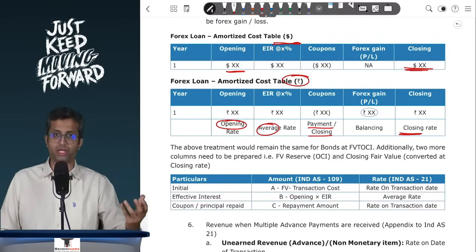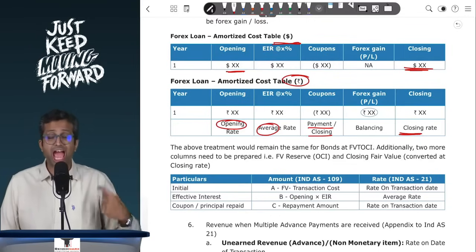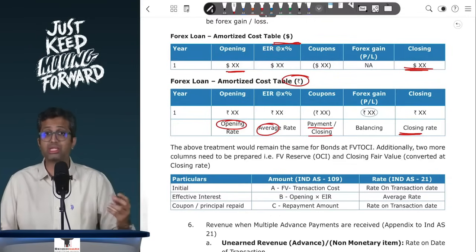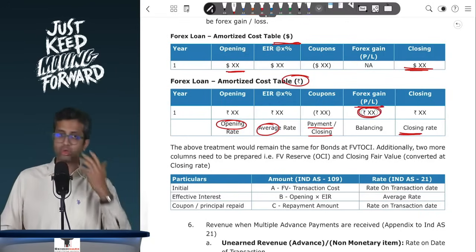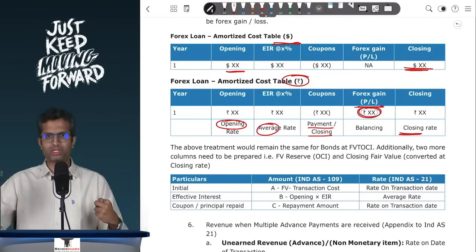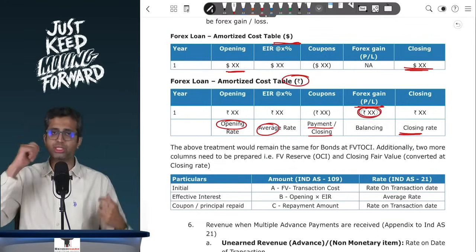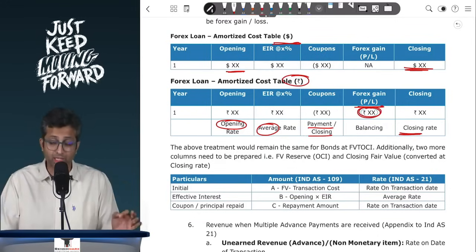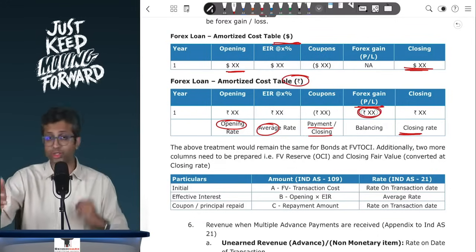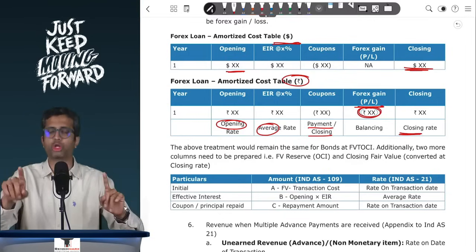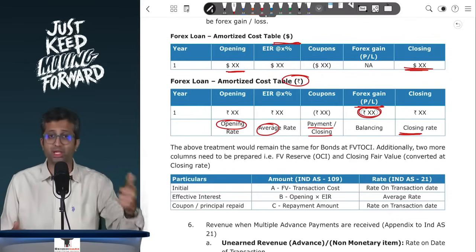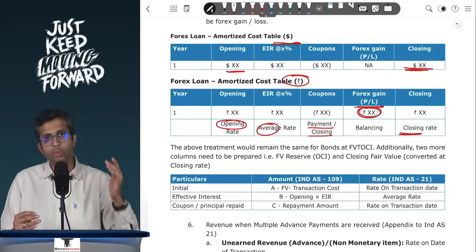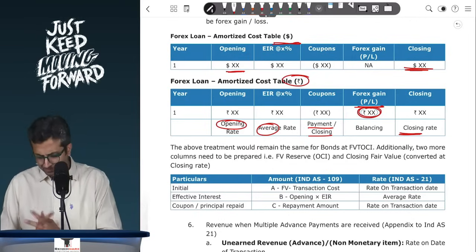Because you have taken different rates for converting different items, and hence the balancing figure, if any, which arises is due to the foreign exchange impact, and hence the balancing figure will be the foreign exchange gain or loss which will go to the P&L account, because these are loans taken or given which are monetary items, and hence their forex impact will always go to the P&L. In fact, even if you were to invest in bonds which are at FVOCI, the balancing figure over here, which is arising due to differences in exchange rates, will go to P&L because a gain or loss on monetary items will have to be taken to the profit and loss account.